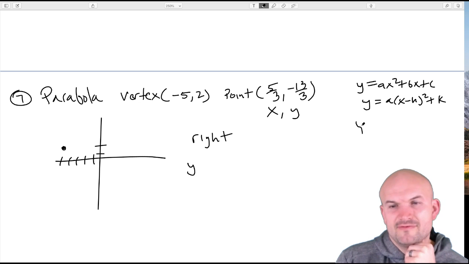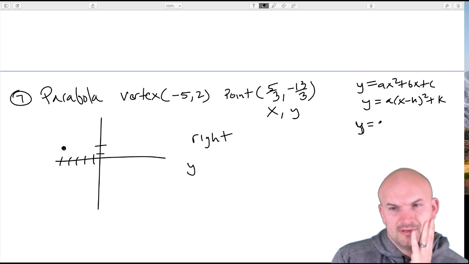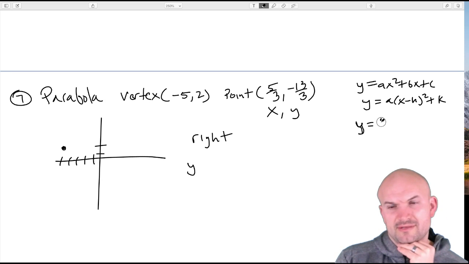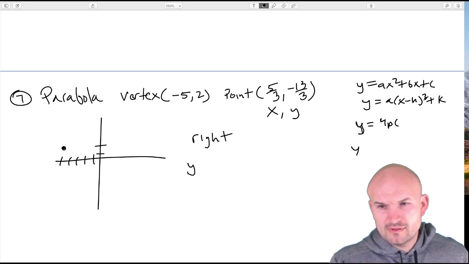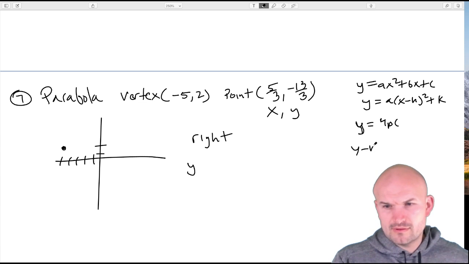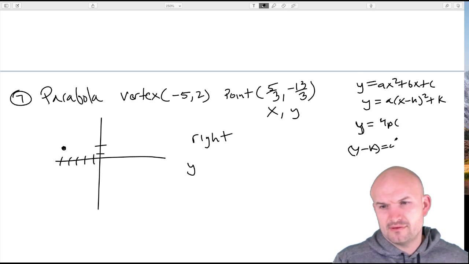And then we'd have y minus k equals 4p times x minus h quantity squared.